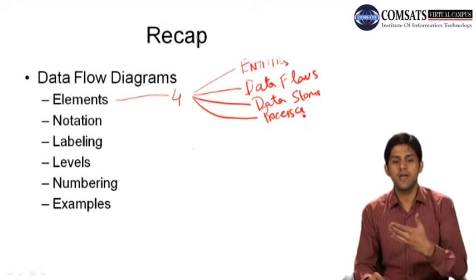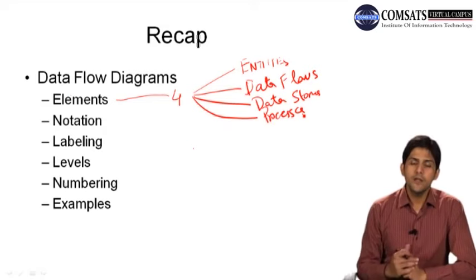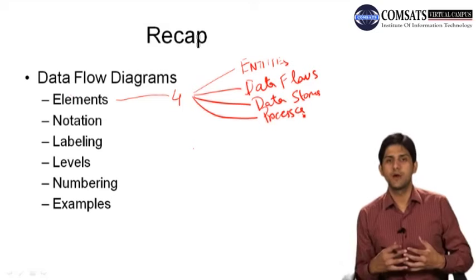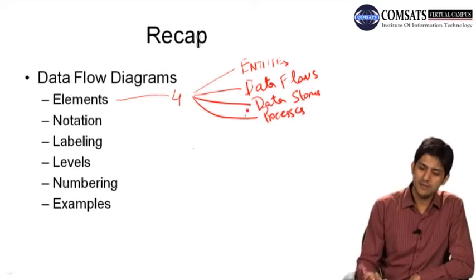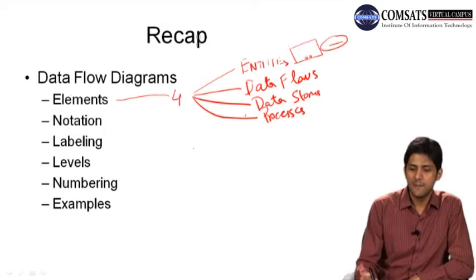Entities are what in a data flow diagram? They either send some data to or receive some data from our system, and we usually represent these entities as rectangles or in an oval shape, and we write the name of the entity inside.